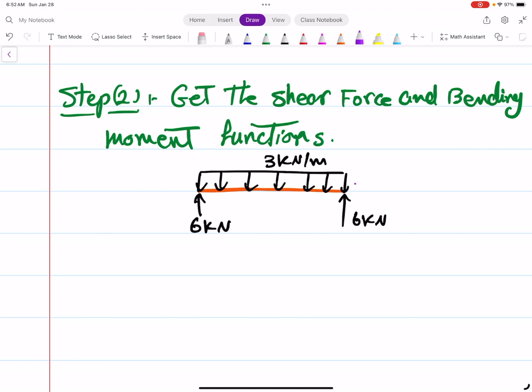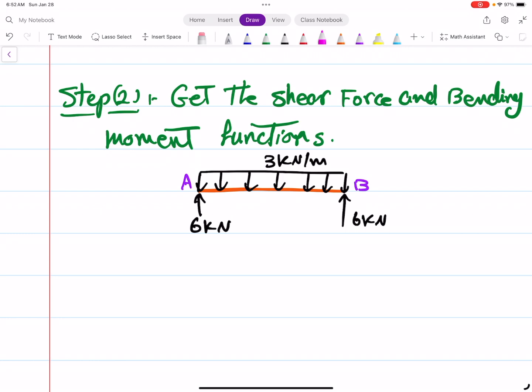We call this B, and we call this A. So let's do the cut in the beam and see how we can find the equations for shear force and bending moment.